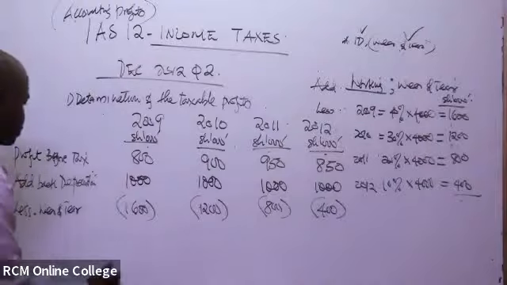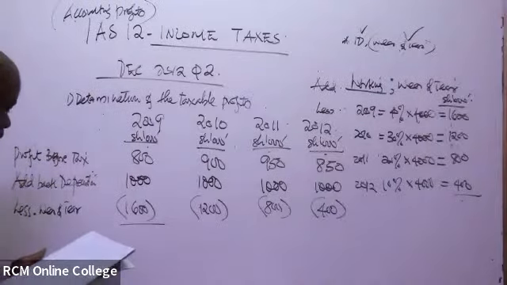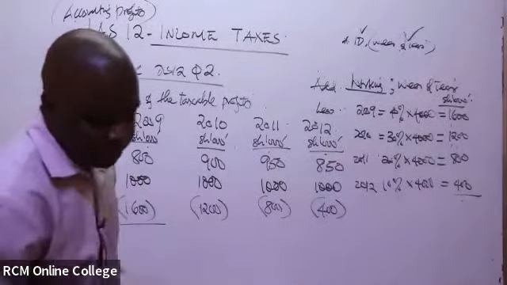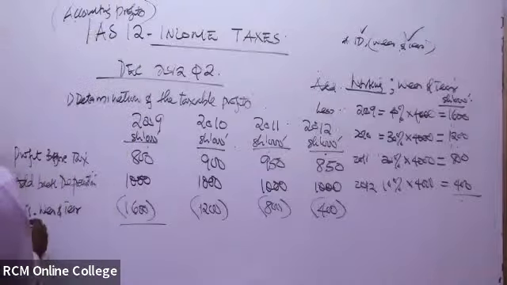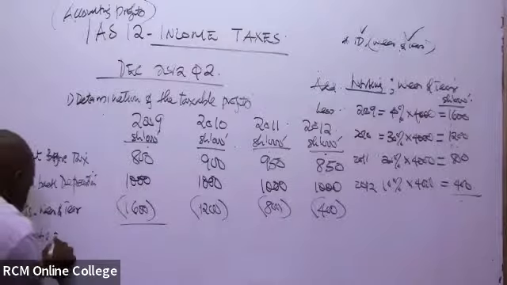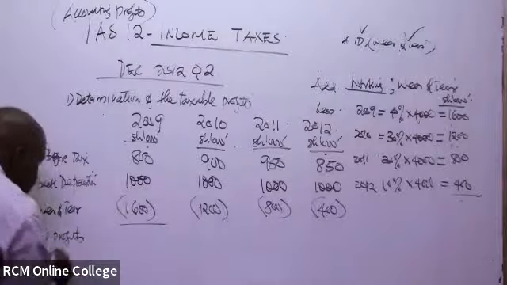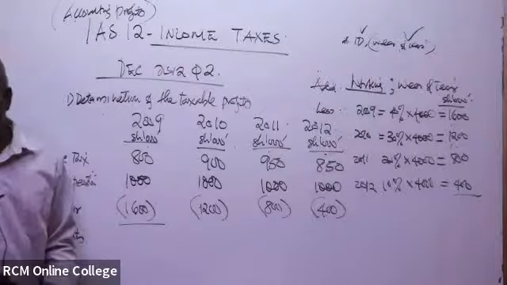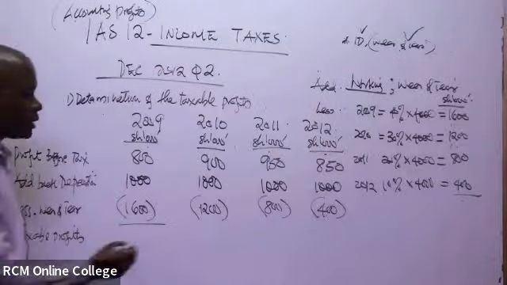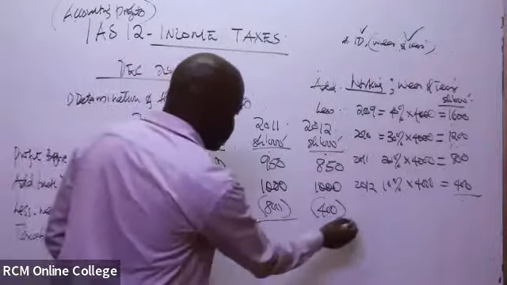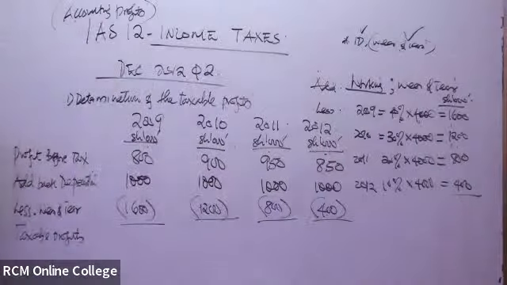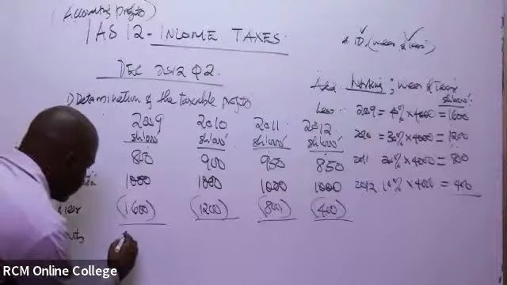Now the taxable profits will likely be how much? The first one, you can give me the figures. For the first one, it is 200. Yes, it is 200.